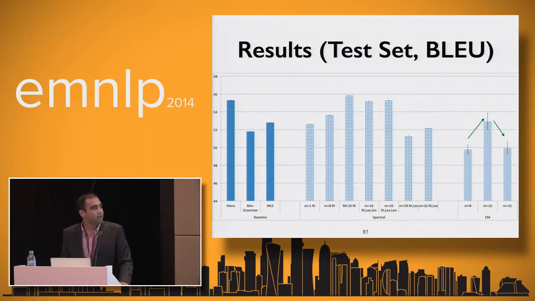Now for the EM experiments, we also found a very similar trend. The peak is at m equals 16. The interesting thing here, and you'll notice these error bars, is that EM is susceptible to local minima, so we had to run this a bunch of times. But you'll notice also that EM is not as strong in this sense as the spectral estimator. And this is a slightly surprising result considering previous work that shows that they're pretty much equivalent.